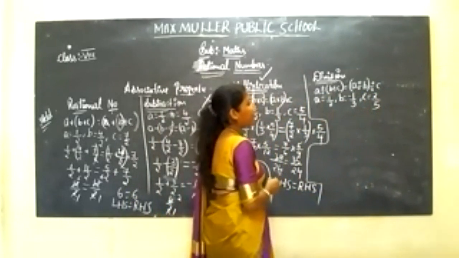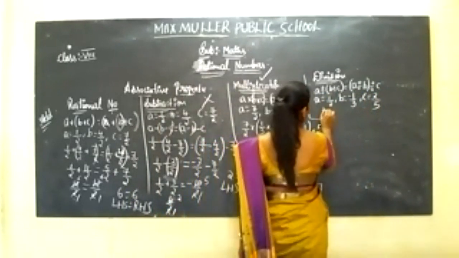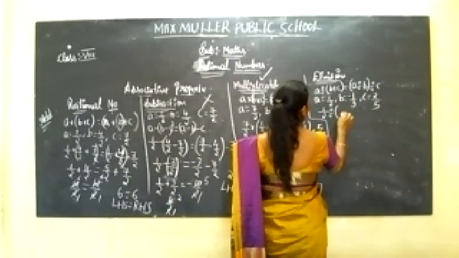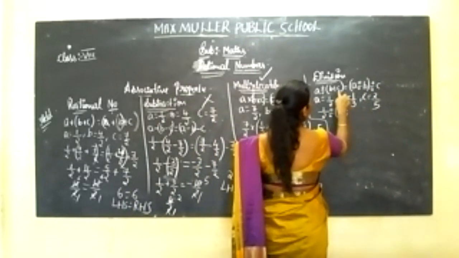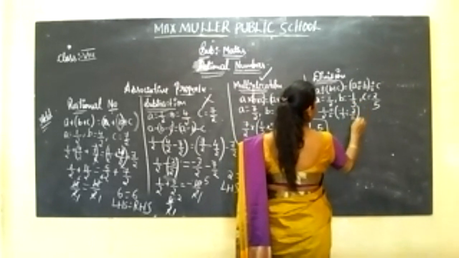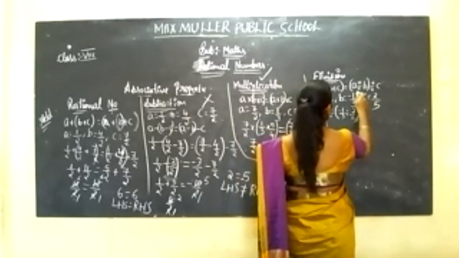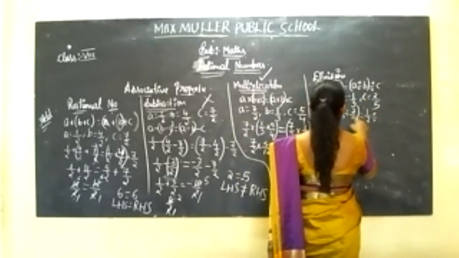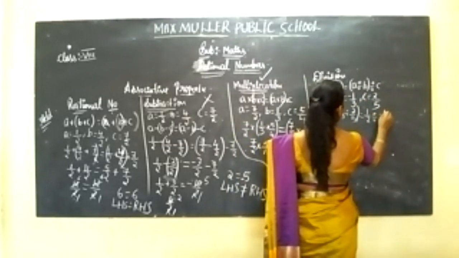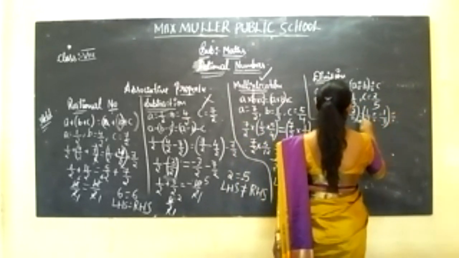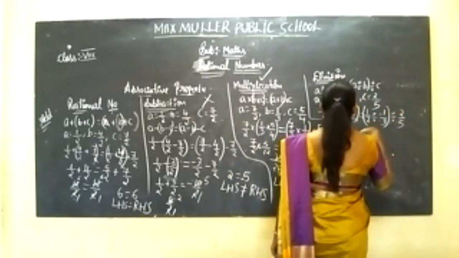Now substitute the values for A, B and C. 1 by 2 divided by minus 1 by 3 divided by C, which is 2 by 5, is equal to A here, 1 by 2 divided by minus 1 by 3 divided by C, which is 2 by 5.